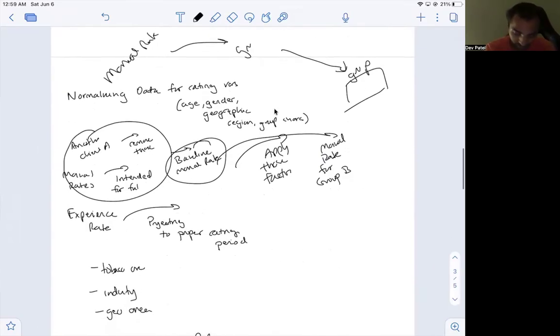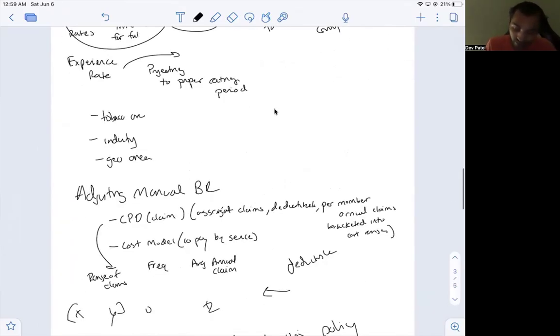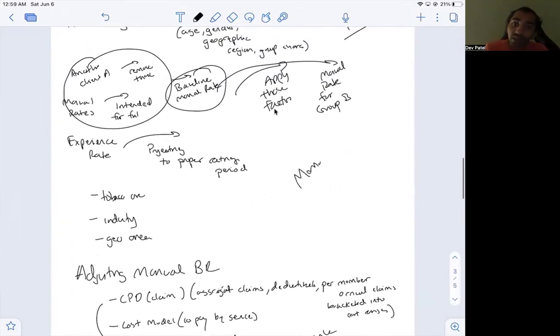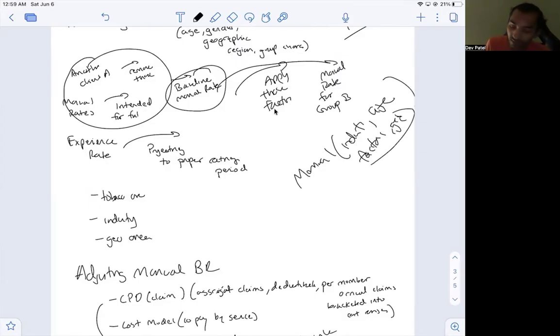And then you want to normalize data for your rating variables and your manual rate. One thing to note is sometimes your manual rate may already include some industry factors or some age factors or some geographic factors already included in the rate. And so what you don't want to do is then also add those same factors into that manual rate.